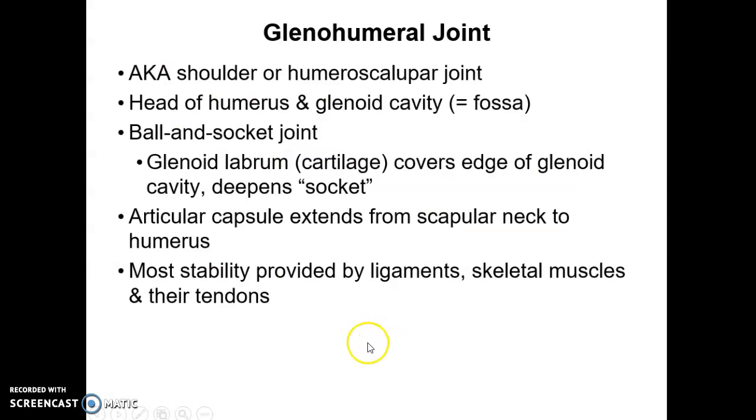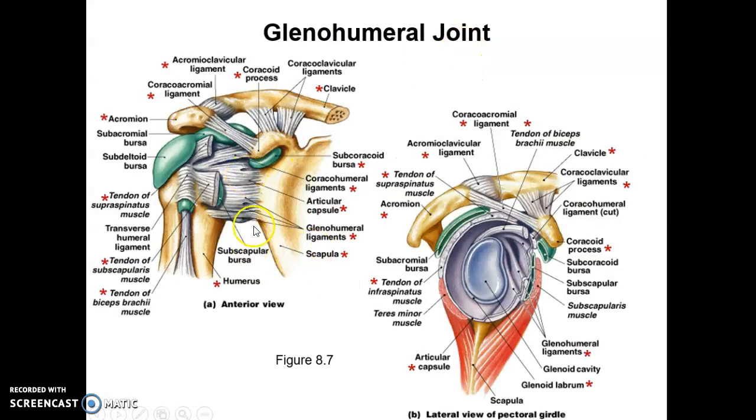We'll see that now. Okay, so the glenohumeral joint, this is looking at it from the anterior aspect, from the front, and this is the lateral aspect with the humerus missing from the side here. Okay, figure 8.7. So the only thing you need to know here is what I have highlighted with the little red dots. So that's the scapula here. It has some protuberances. Here's the coracoid process.